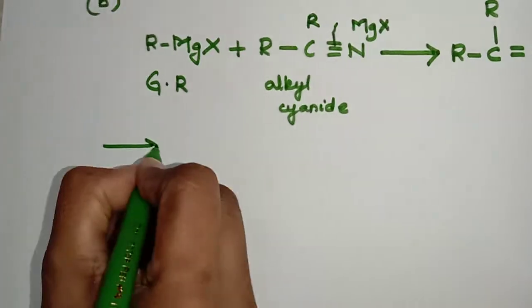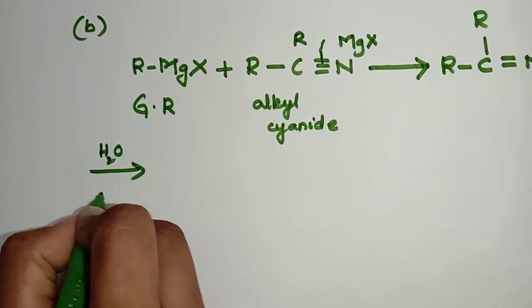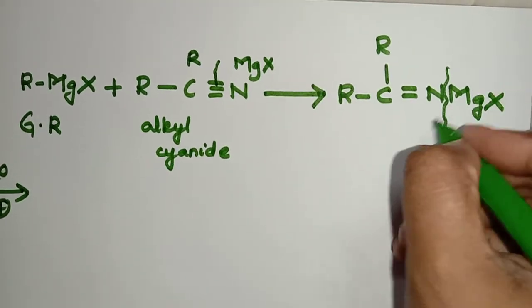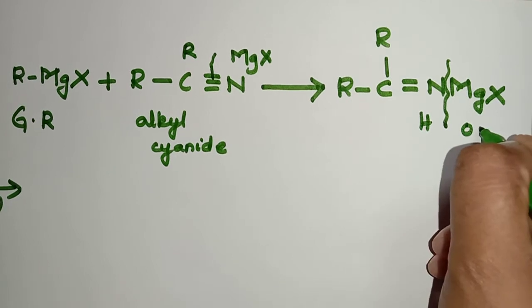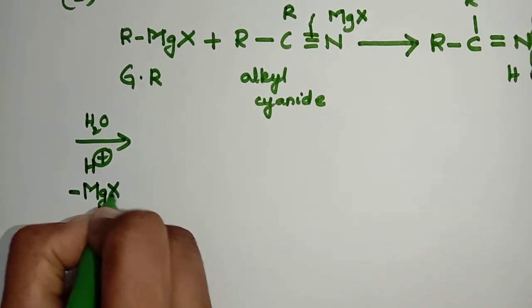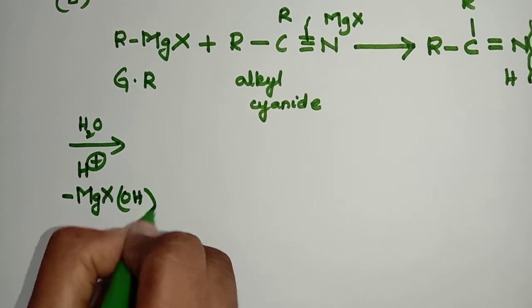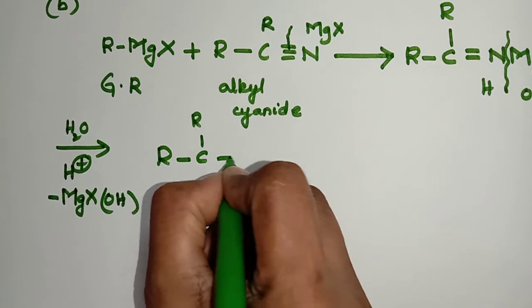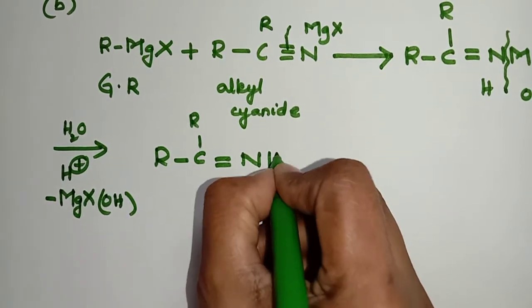This on hydrolysis, in the presence of an acid, what happens? Here comes H, here comes OH. So minus MgX OH. So what remains? RCR double bond NH.